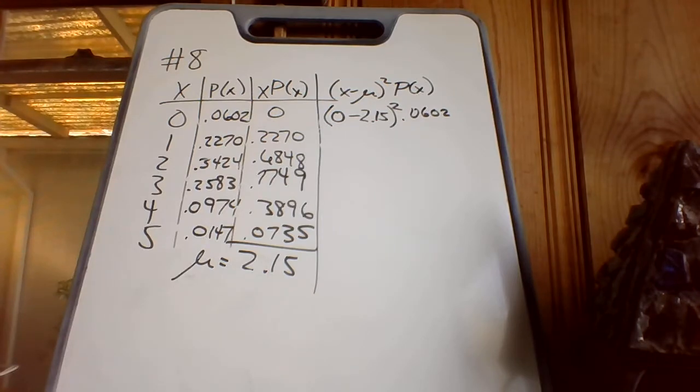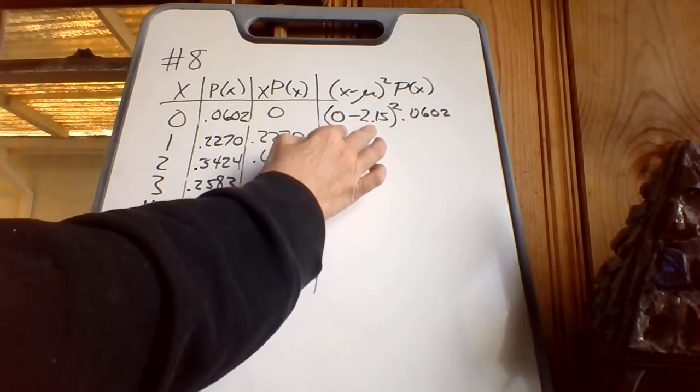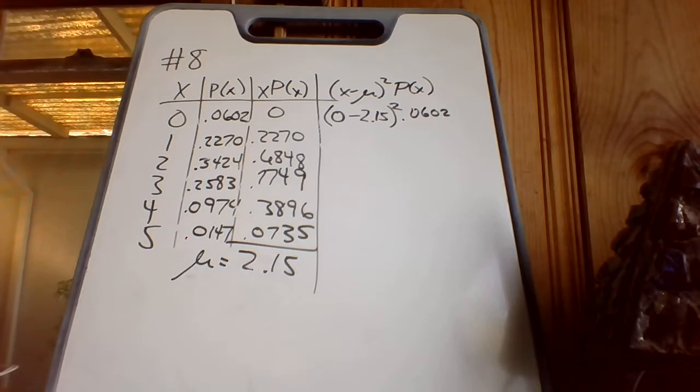It cannot possibly come out as negative, because 0 minus 2.15 is negative 2.15, but when I square it, it's going to be positive, 4.6225.